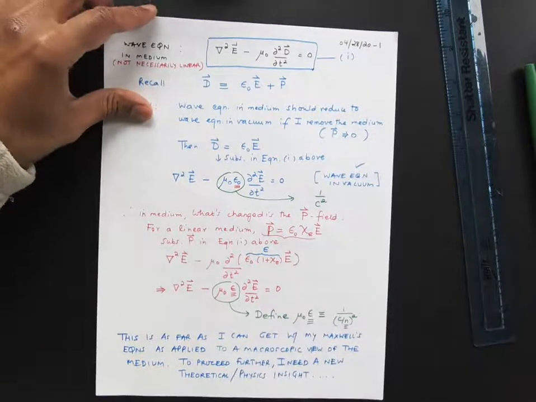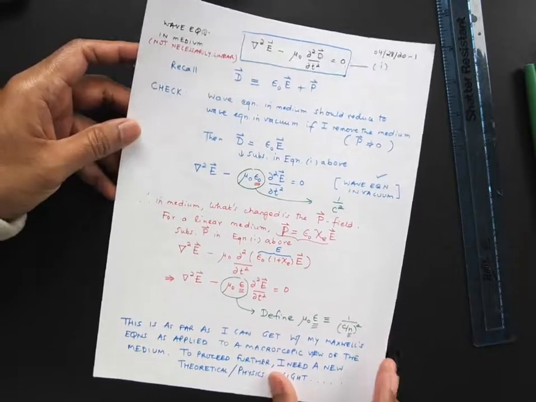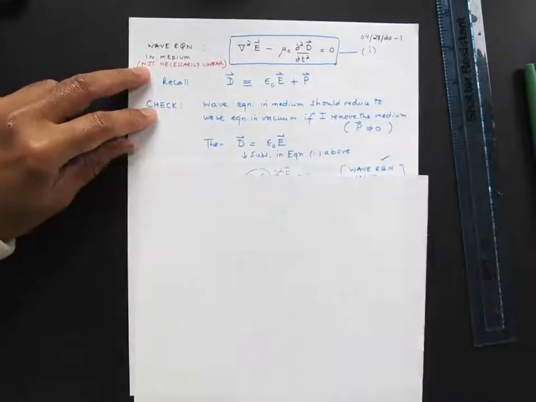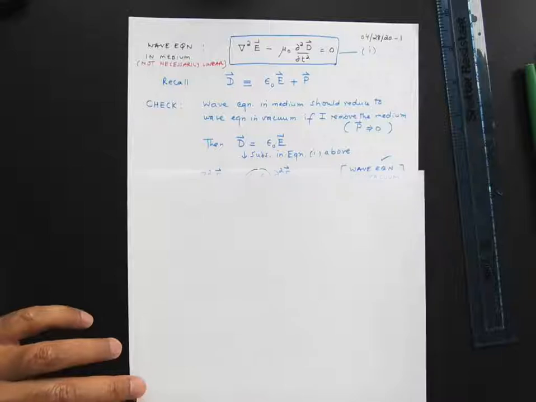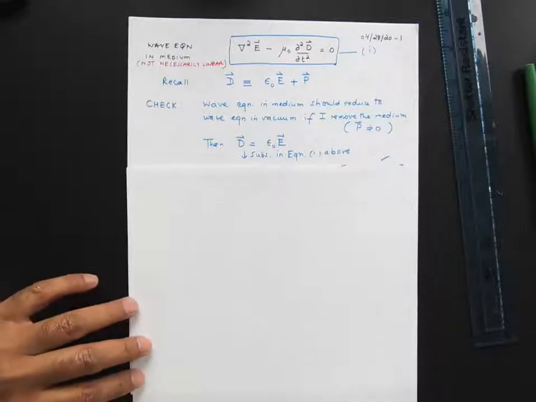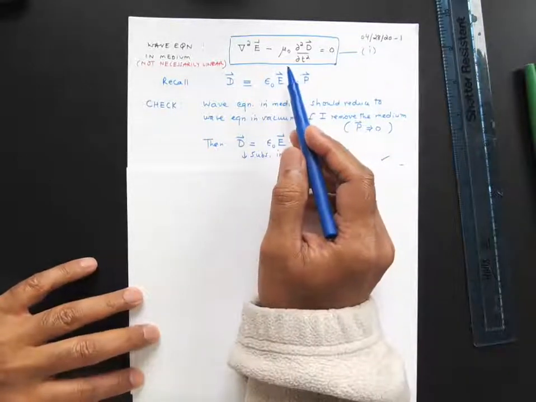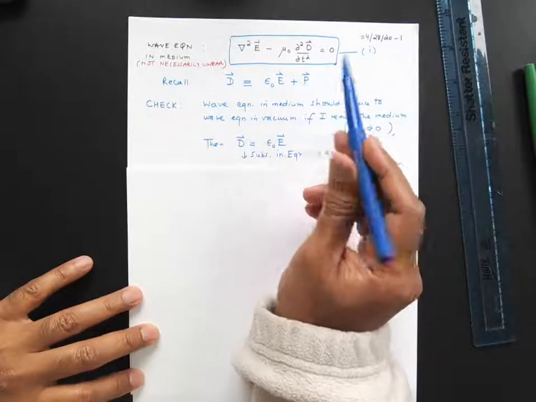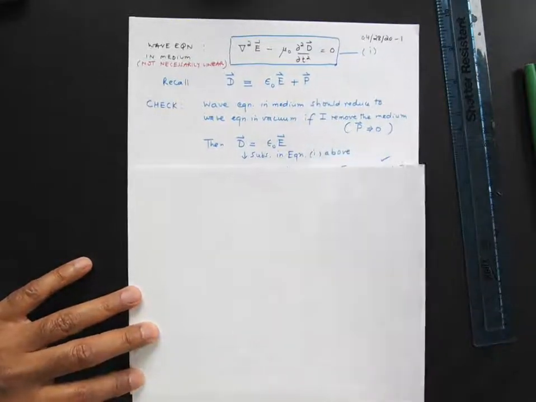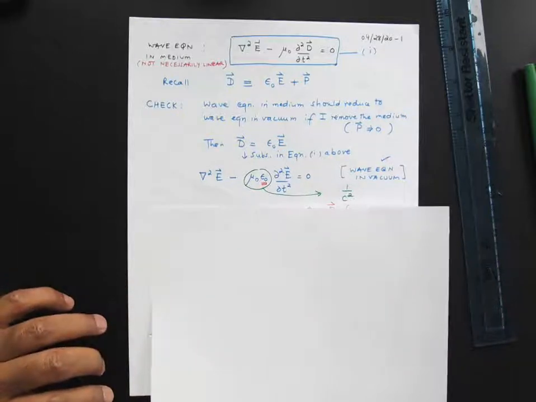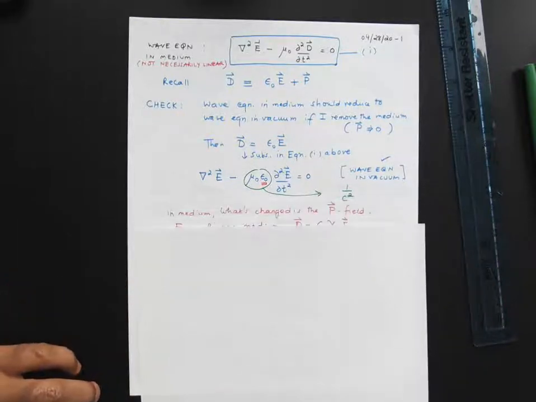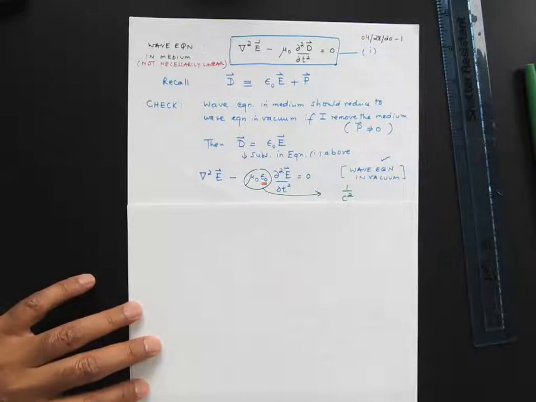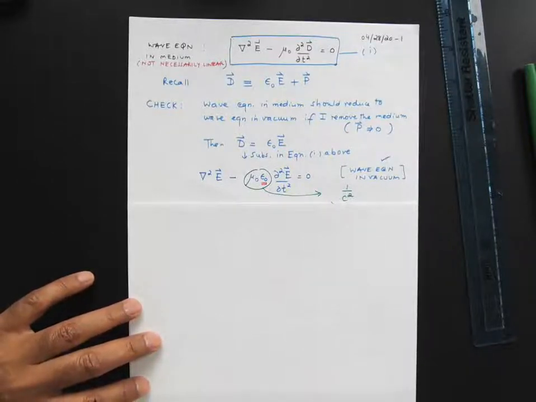So one thing I wanted to do quickly was, let's say this was the wave equation in the medium that we derived. I wanted to remind you about the vacuum right there. And then there was something else I wanted to tell you, to make the connection with the refractive index.